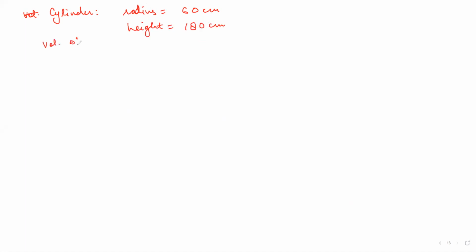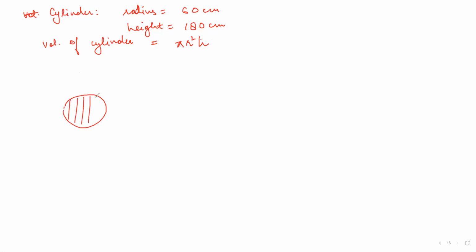So volume of cylinder, what is the formula, Harsha? 2 pi r h. No, simple cylinder, pi r square h, right? Yes, ma'am. The 2 pi r will come in the surface area because that is circumference of circle 2 pi r. Understood? So 2 pi r multiplied by h gives surface area.